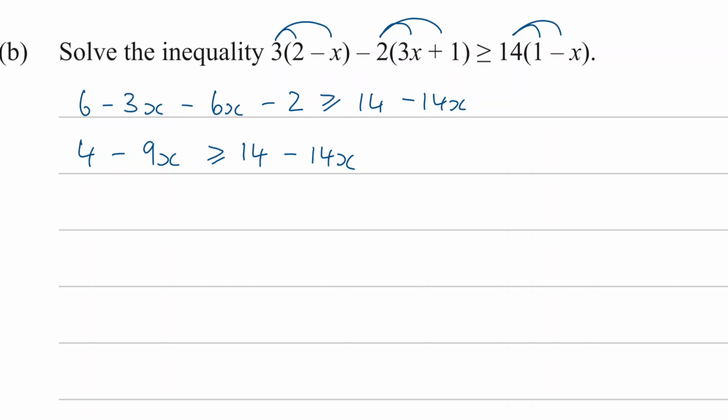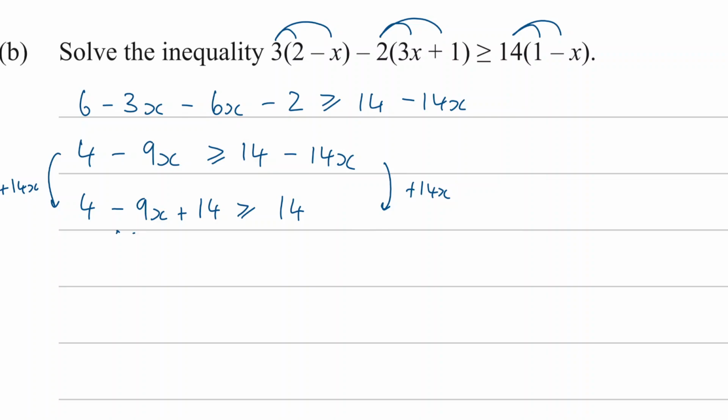So I'm going to add 14x to both sides. And I do that because I want to get rid of this minus 14x. So by adding 14x, that becomes 0. But since it's an inequality, I need to add it to both sides. So on the left, we get minus 9x plus 14x. On the right, when we add 14x to minus 14x, that becomes 0. So I won't even write that.